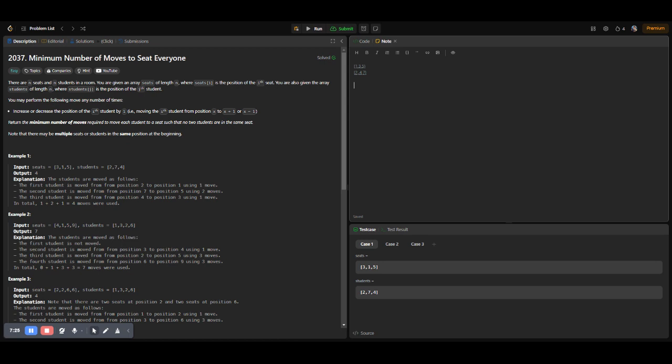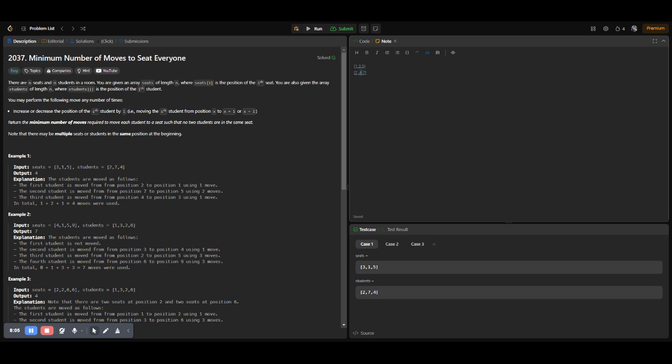See here, the first student sits at position 2. We can move 2 to 1. Now the first student sits at the correct position of a chair; we have a chair vacant at position 1. The second student sits at position 4, but the empty chair is available at position 3, so we can move the second student from 4 to 3.